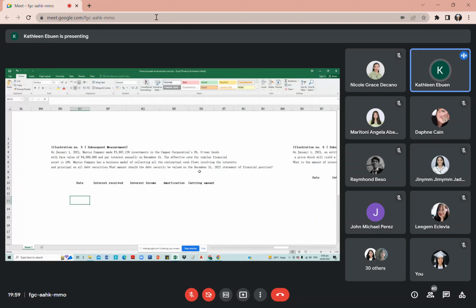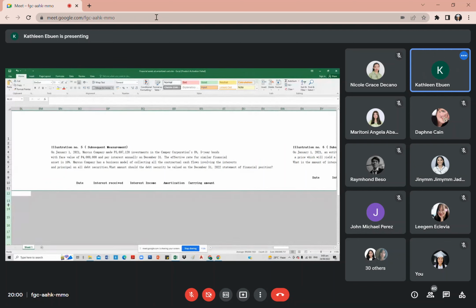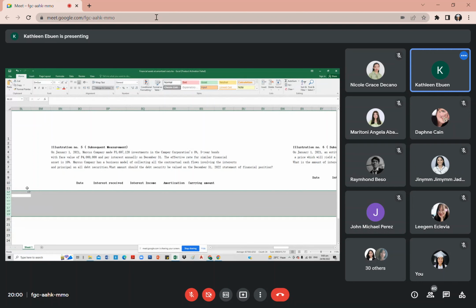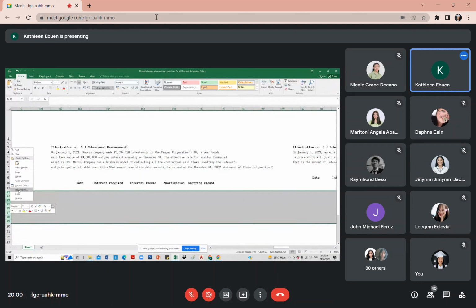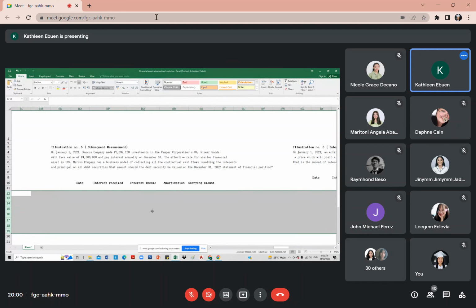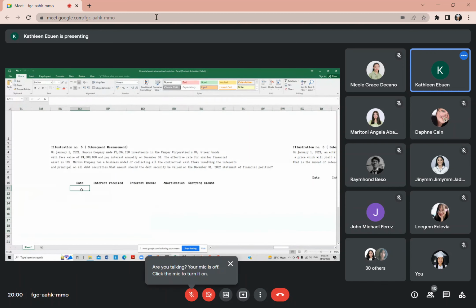Statement of financial position. Okay, so kayo nga, class, gumawa ng table natin, amortization table. Start daw ng transaction class is January 1, 2021.